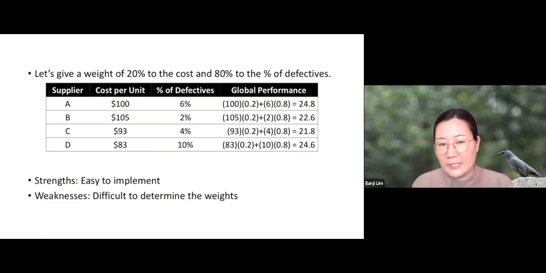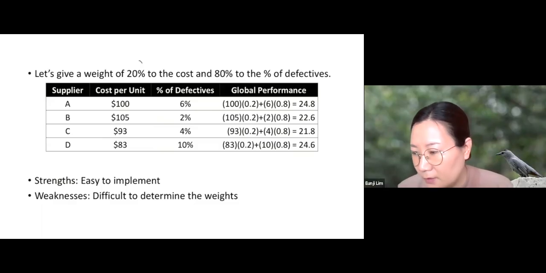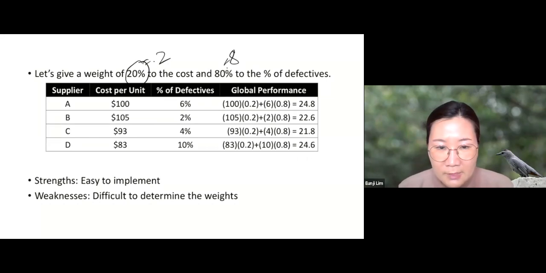So let's say I think the cost is 20% important and the percentage of defectives is 80% important. So I want to assign a weight of 20%, 0.2 to the cost, and the weight of 80%, 0.8 to the percentage of defectives.